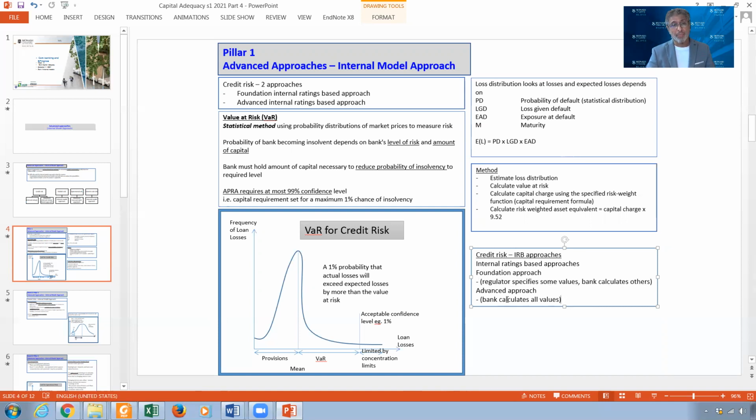But in the advanced approach, all values are calculated by the banks. So you have the foundation approach and you have what we call the advanced approach, but all of them, as I told you, are departing from the internal model, as opposed to the standardized model.